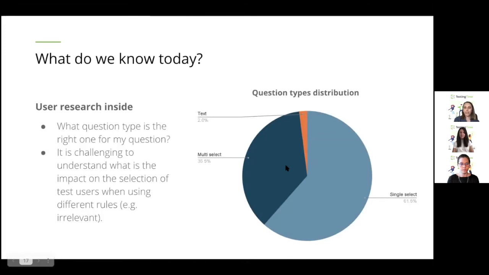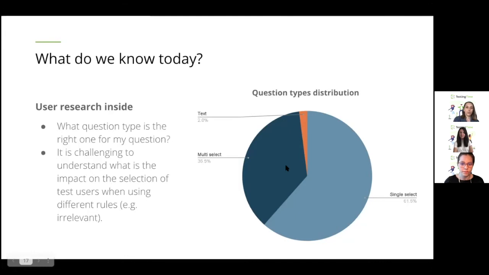I can tell you that a big portion of those 61.5% are yes/no questions, which we're gonna talk further why they're not recommended. And multi-select are used with 36.5% and text with just only 2%.